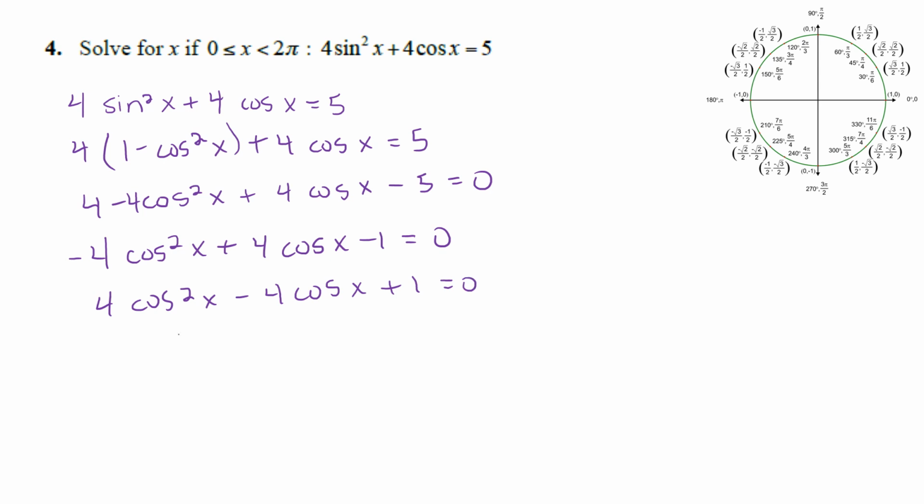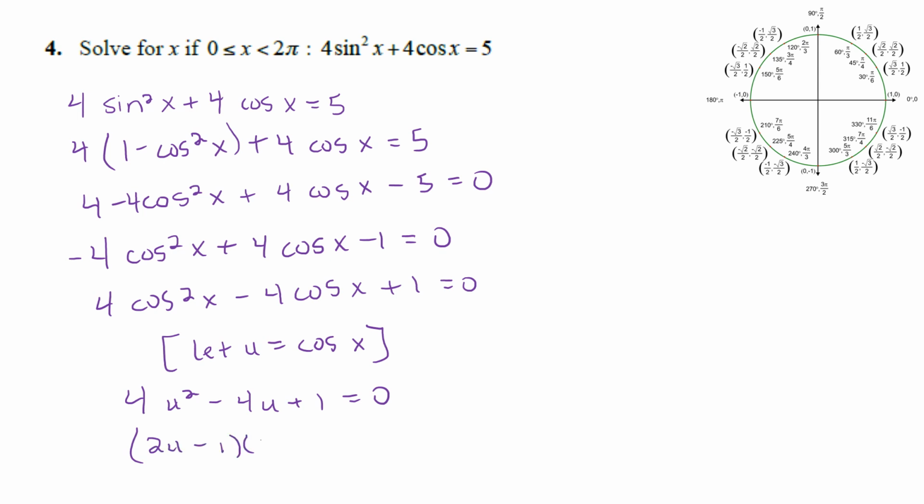And so now to help us out, let's set u equal to cosine x. So we'll have 4u squared minus 4u plus 1 equals 0. I see here that this quadratic is factorable. Okay.